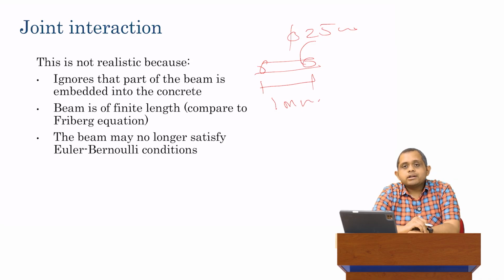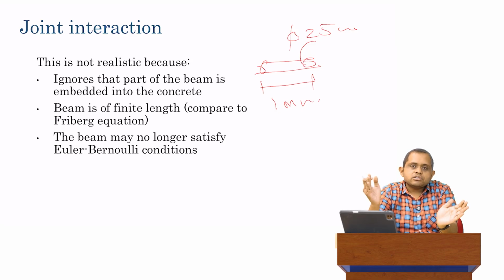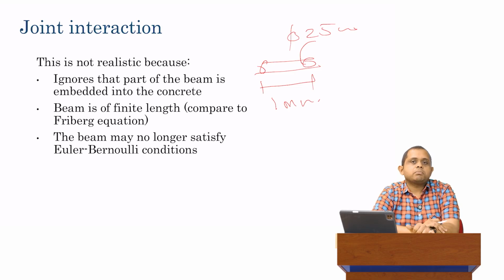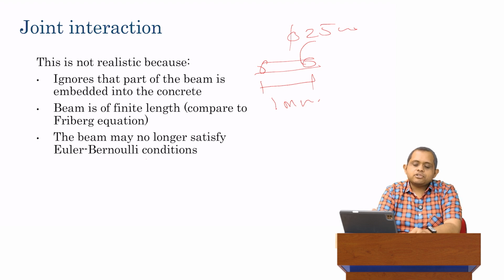Recall, a beam is an Euler-Bernoulli beam if the length dimension is much longer than the cross-sectional dimension. In this case, that is not the case. The length dimension is actually much shorter than the cross-sectional dimension. So the assumption which we've made over here is firstly wrong: this is not actually an Euler-Bernoulli beam, this beam is relatively short. It no longer satisfies the condition to be an Euler-Bernoulli beam.